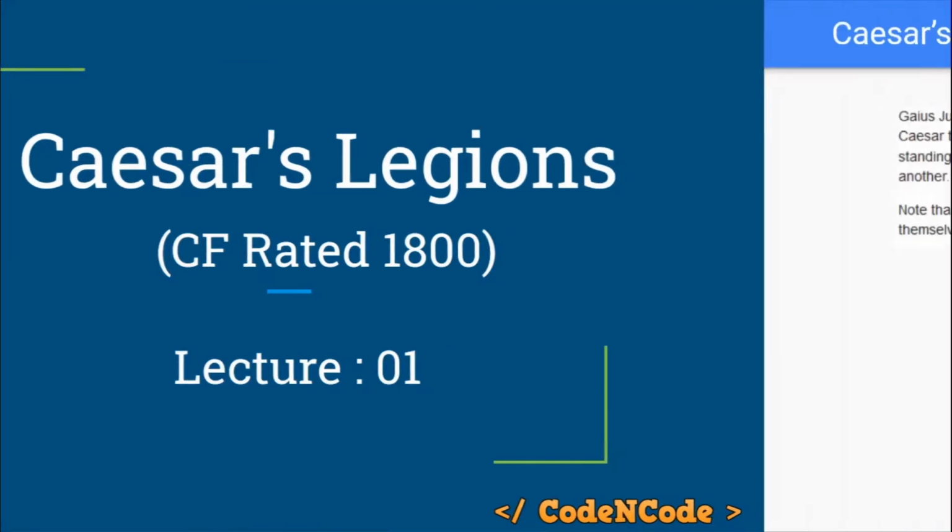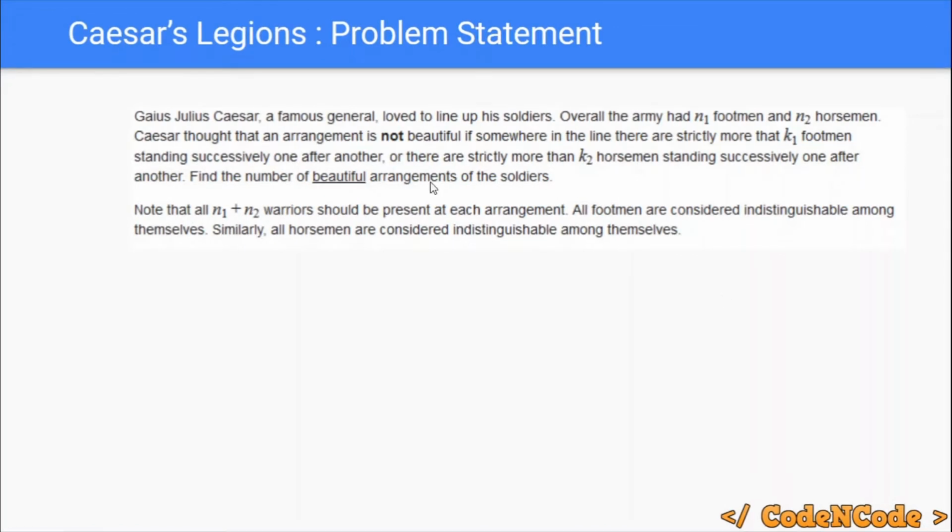So let's start. The problem is, there is a guy Caesar and he has an army of n1 plus n2 army men. n1 of those are footmen and n2 of those are horsemen. He wants to arrange them in a line, so the line would contain n1 plus n2 army men in total.